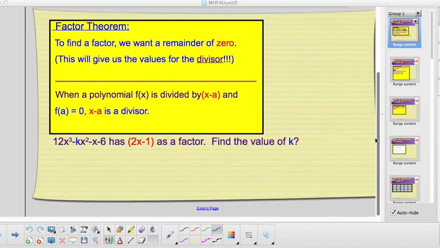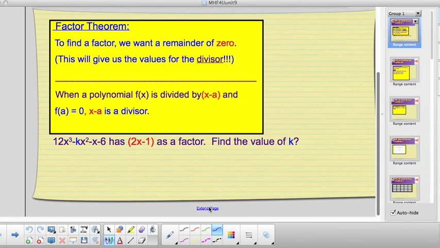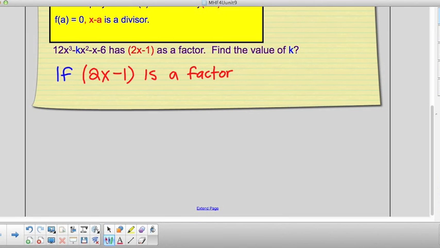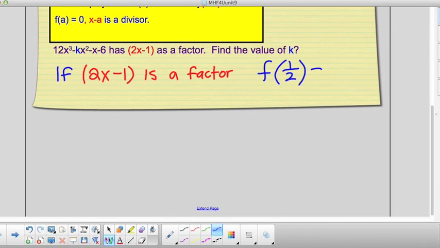So to translate this, if 2x minus 1 is a factor, then when you plug into the function, f of 1/2 has to be equal to 0.